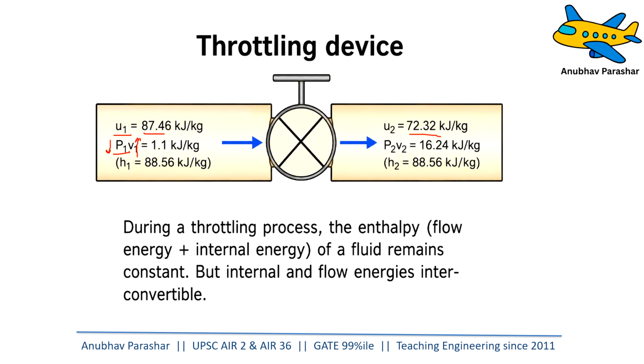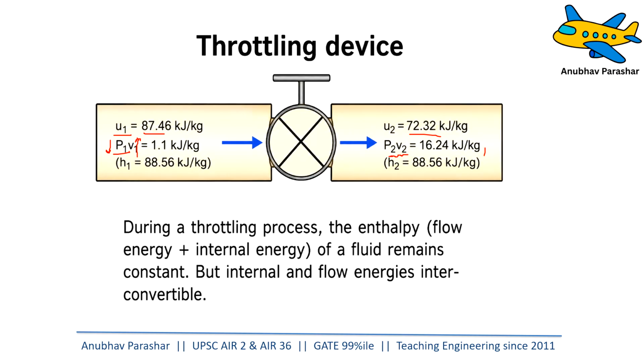Just imagine when you spray a deo. All the gas is contained inside that bottle, and when it is sprayed out, the amount of volume it occupies is immensely large. And as a result, the volume increases. So overall, the multiplication P times V, the flow work, increases dramatically.